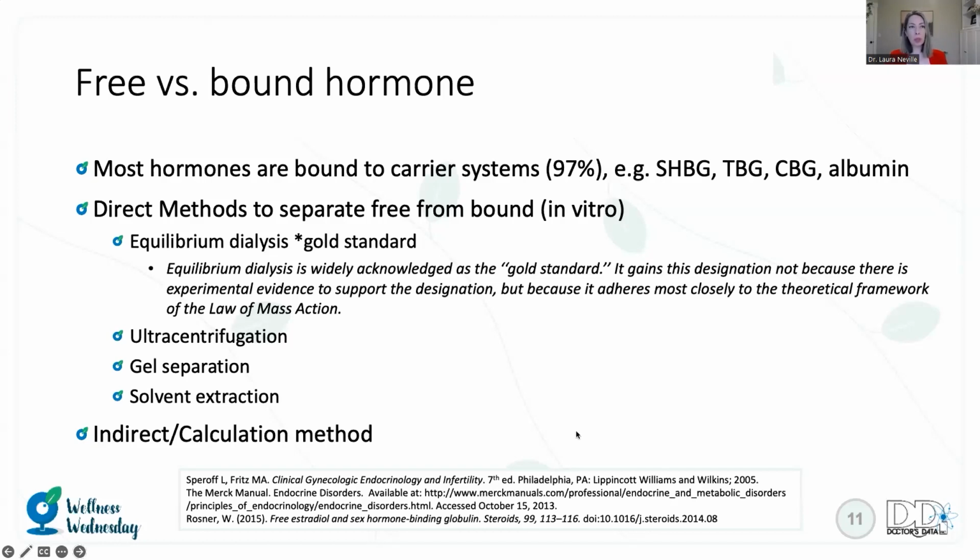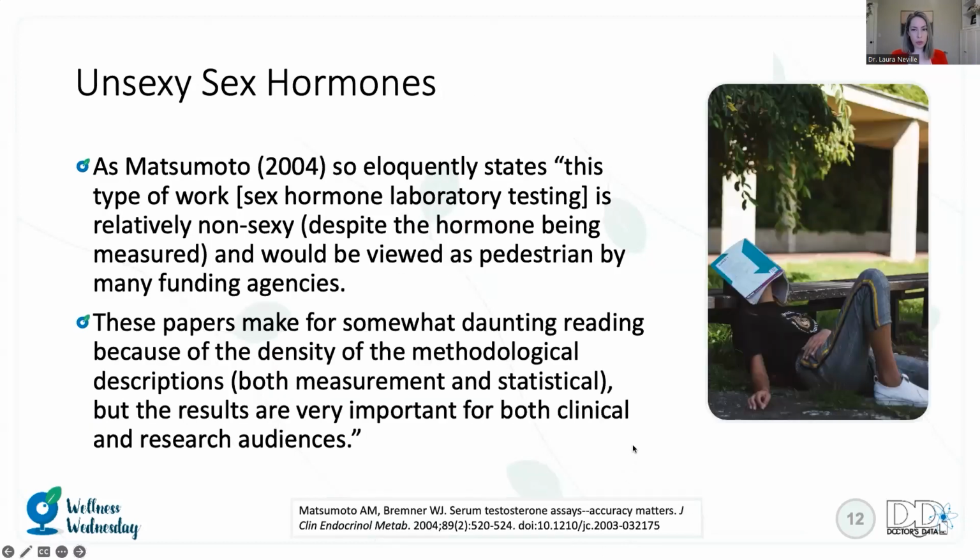Okay, but in commercial settings, if you send your patient's blood to a typical laboratory, they're going to be doing an indirect method, or in other words a calculation method, to give you the free level. Okay, so those are very distinct and separate issues.